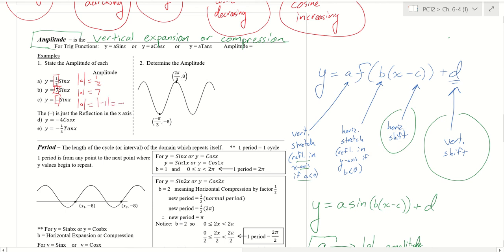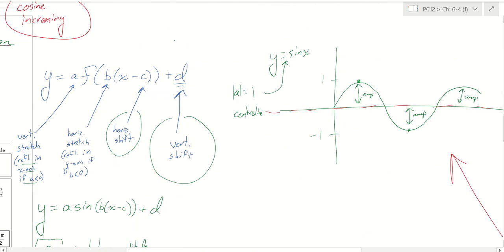So sorry, pardon me, the absolute value of -1 is just 1. So sorry for that confusion. The absolute value function all that does is really just force the number to be positive. If it's 0, it just leaves it alone. So here we notice even if there's a negative in front of the sine term, it doesn't change the size of the wave.